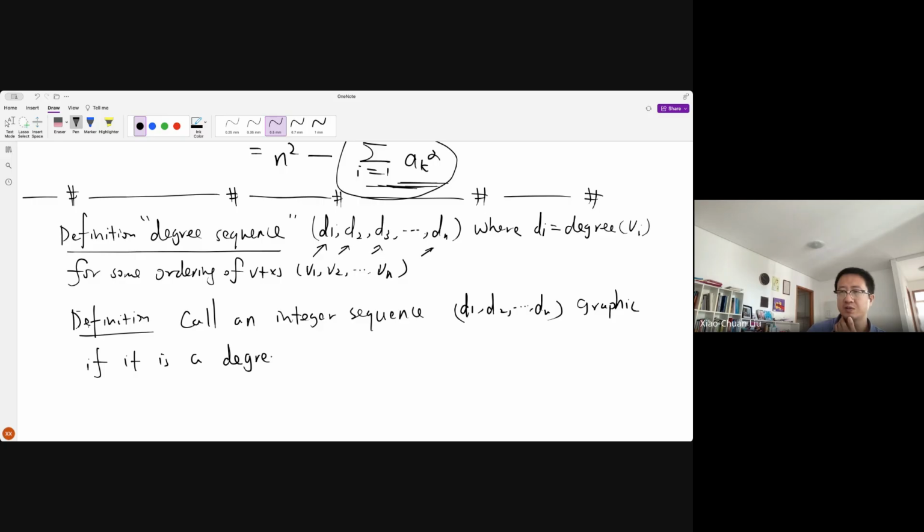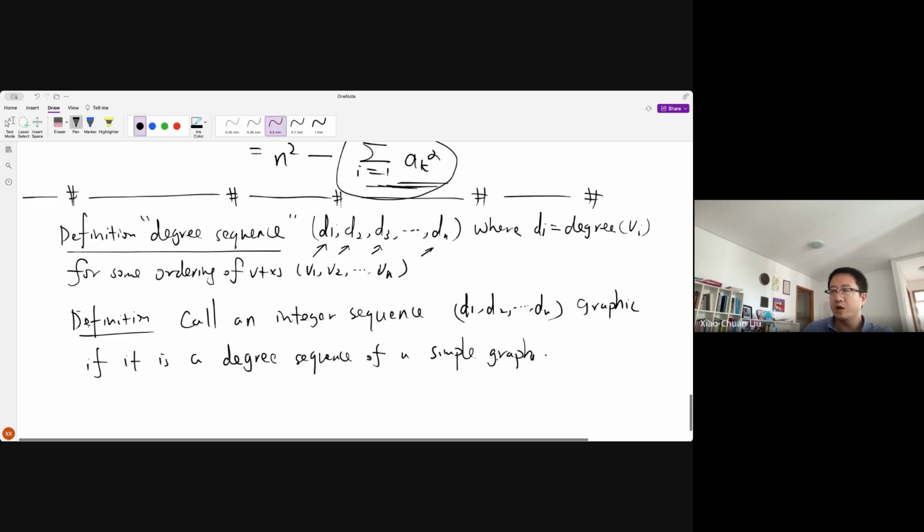Okay, there is a little subtle difference. If it is a degree sequence of a simple graph, well, we don't want to allow double or multiple edges.